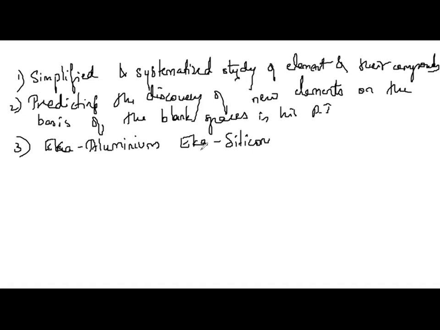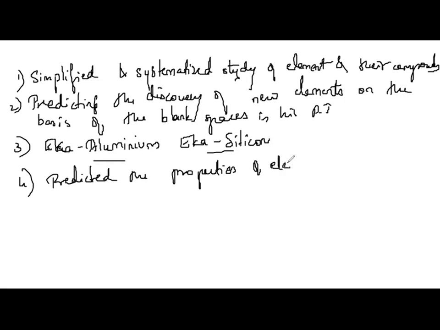Next, Mendeleev not only said the elements will be discovered, he even predicted the properties of those missing elements, which were discovered later. How did he predict the properties of the elements discovered later? Of Eka aluminium and Eka silicon, by looking at the properties of the elements placed above.